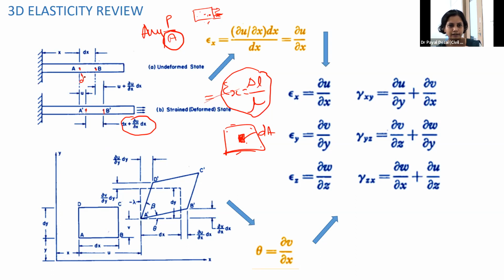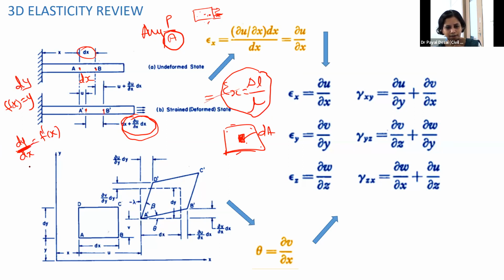The original length is dx, and the increase in length is defined by the differential, del u by del x into dx. This part you already know, because you may write dy by dx, f dash x, the change in the function itself, where f of x equals y and the change in the function is dy.